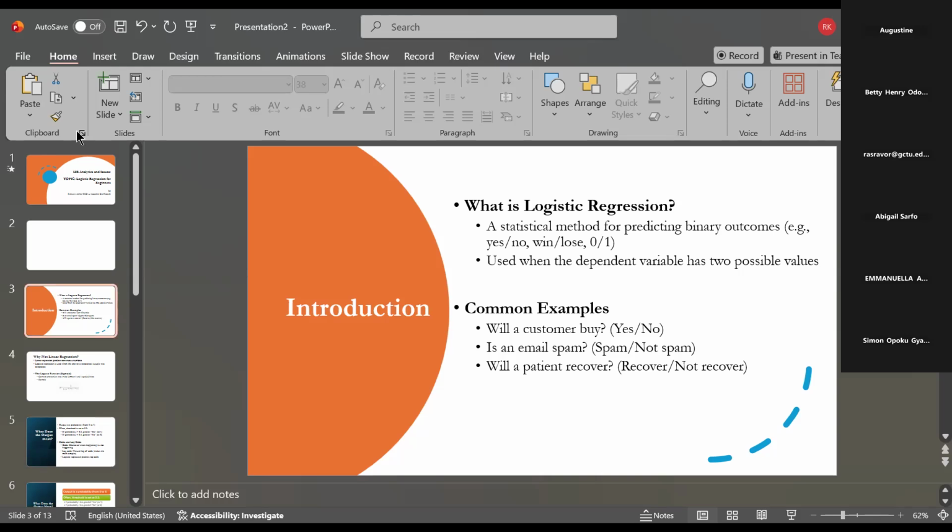An example that you know could be what? Win or lose. Abigail Safo, give me one example. Anything that has only 2 outcomes, die or you live. Ruth Dapo, give me another example. Prof, please, I'm here. Yes, but you never gave me an example.